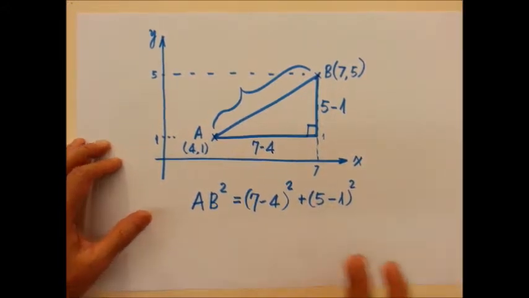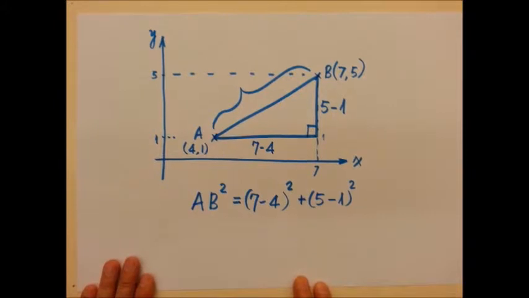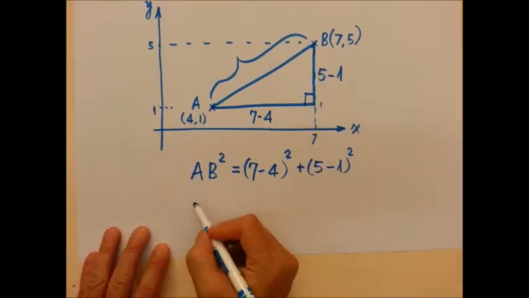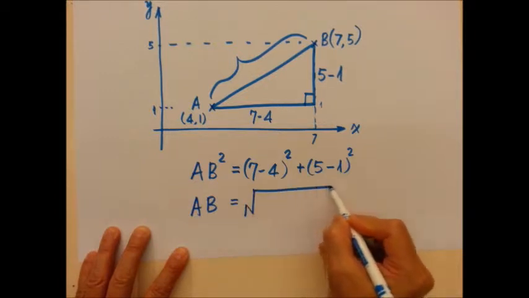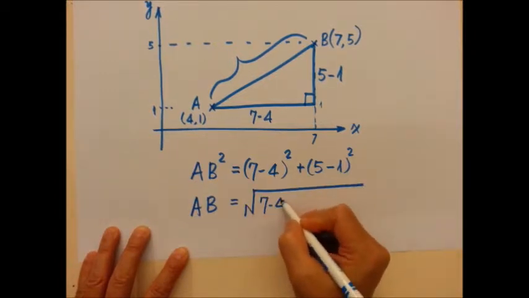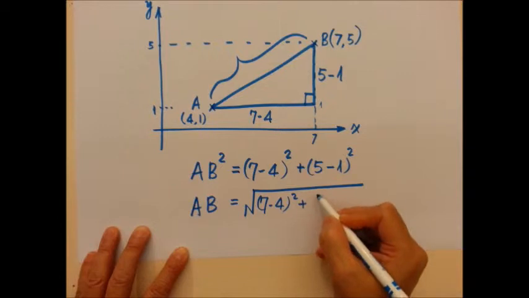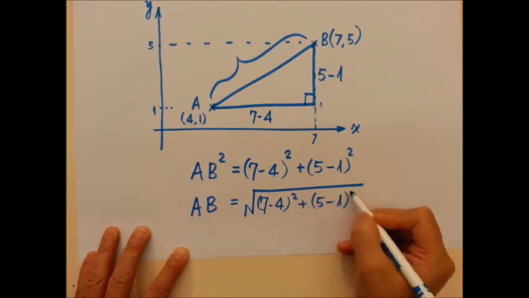We take square root on both sides, and then we have AB equal to square root 7 minus 4 square plus 5 minus 1 square.